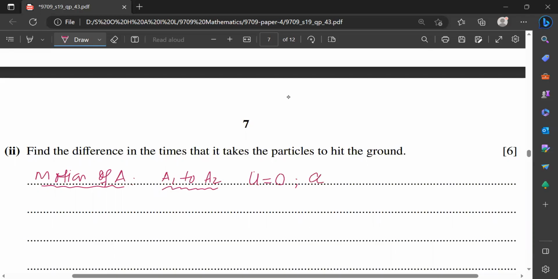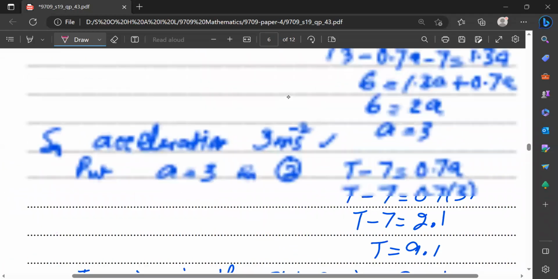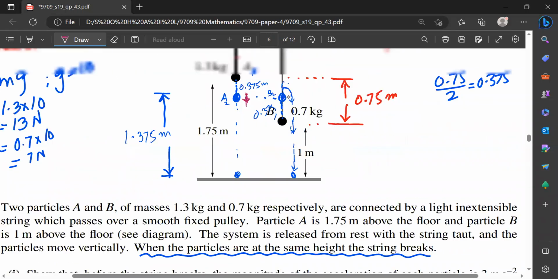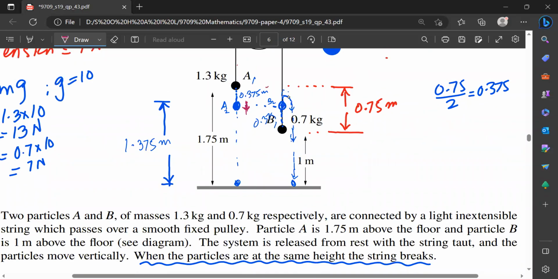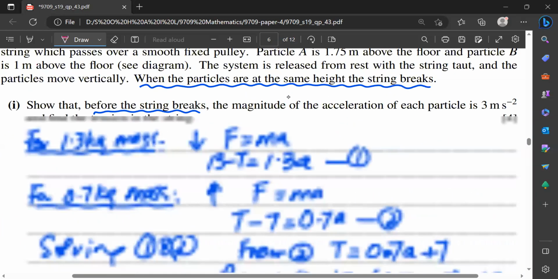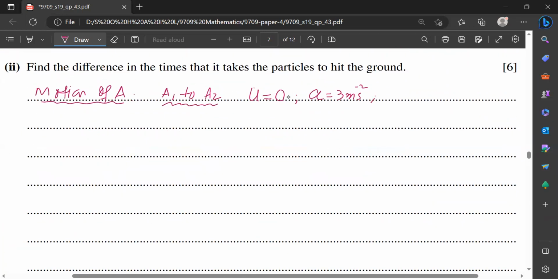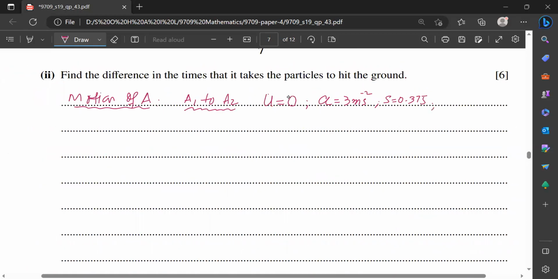And the acceleration for that motion, when they were connected before the string break, is 3 meters per second square. And the distance it moved from A1 to A2 is 0.375. So 0.375 is the distance moved, and v is the question mark. This is the velocity at A2.